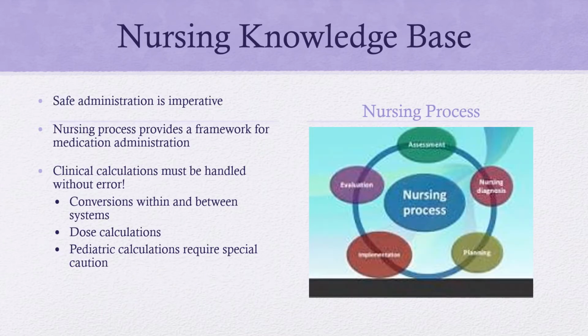Make sure we're following all the rules for safe medications. When we give medication, we always do the things in threes. We know our rights for medications. We're going to go over those here in just a second. And we're going to make sure we go through those rights 3 times before we administer our medication.